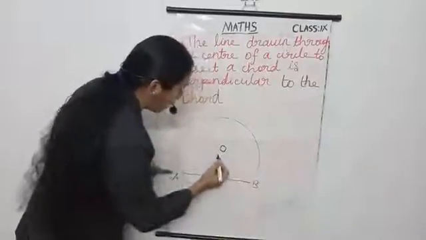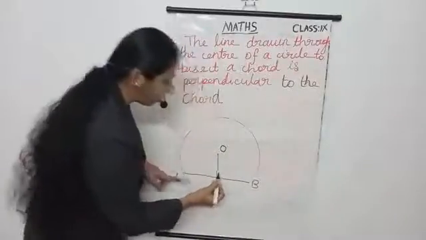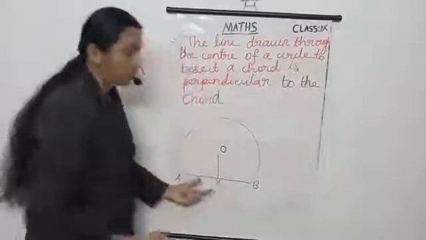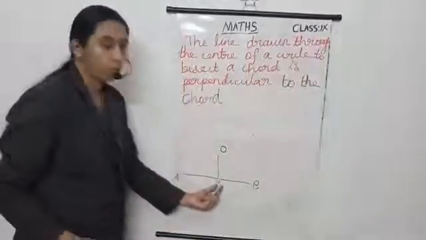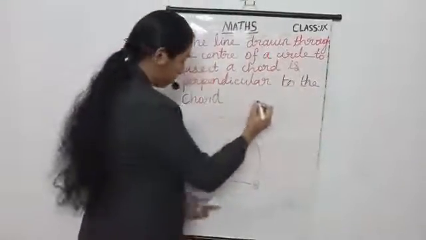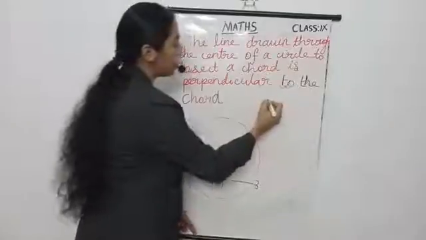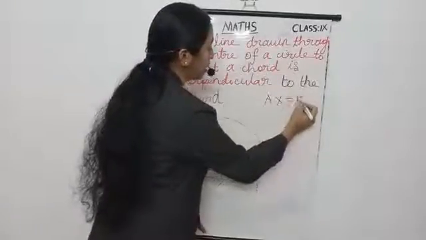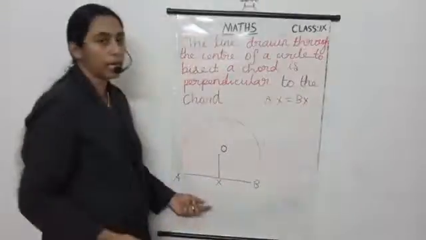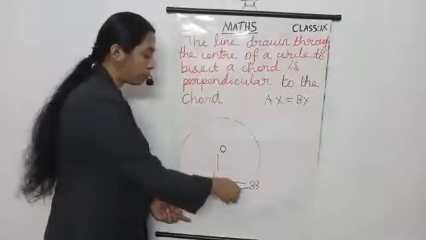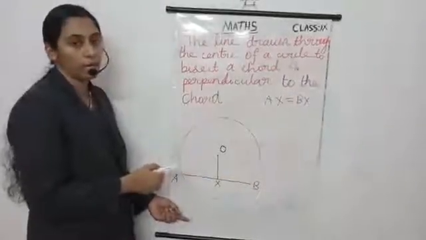And a line from center O to this chord bisects this chord, and AX is equal to BX. So given this, AX is equal to BX. According to the statement, AX is equal to BX. This is given. Now we need to prove that OX is perpendicular to AB.